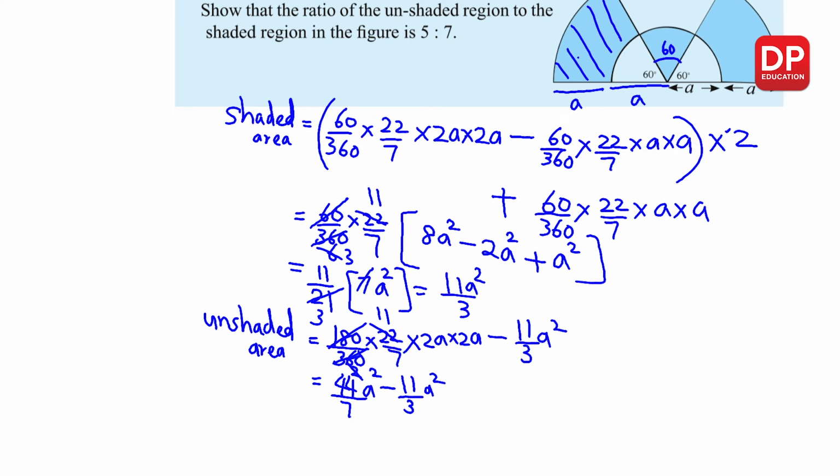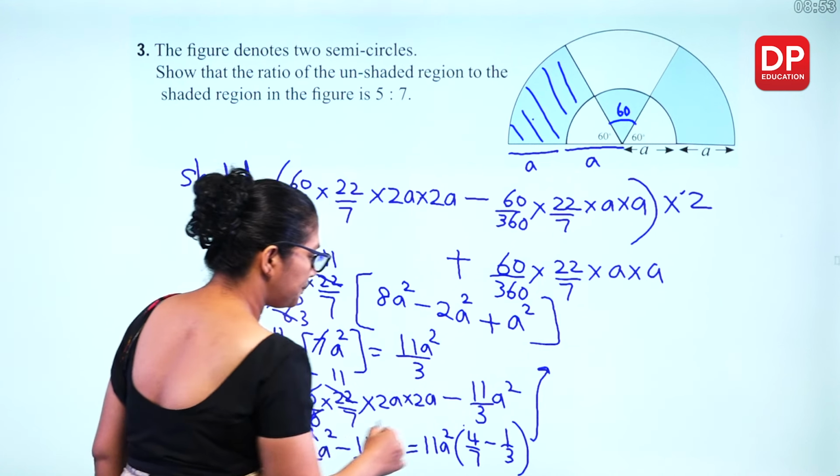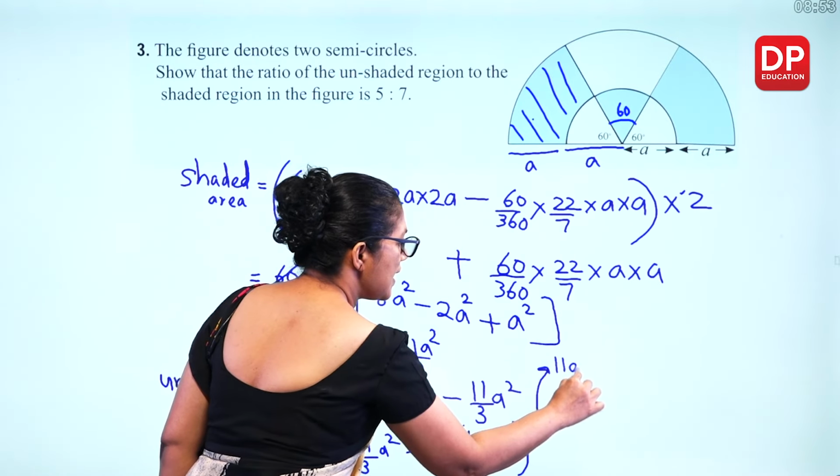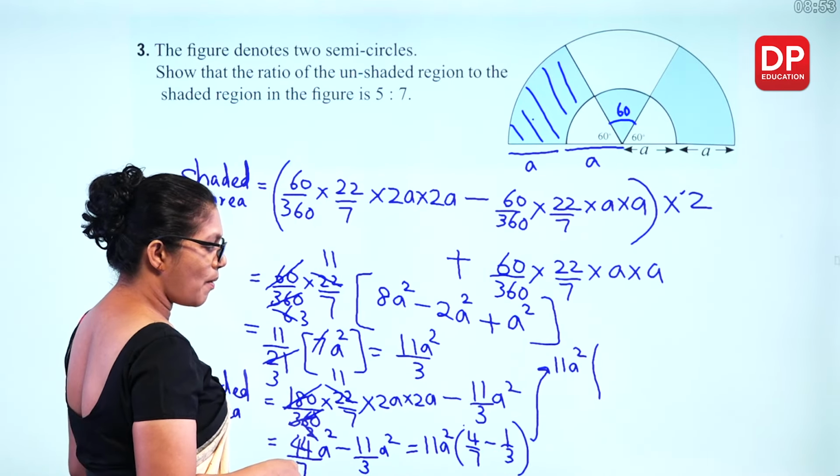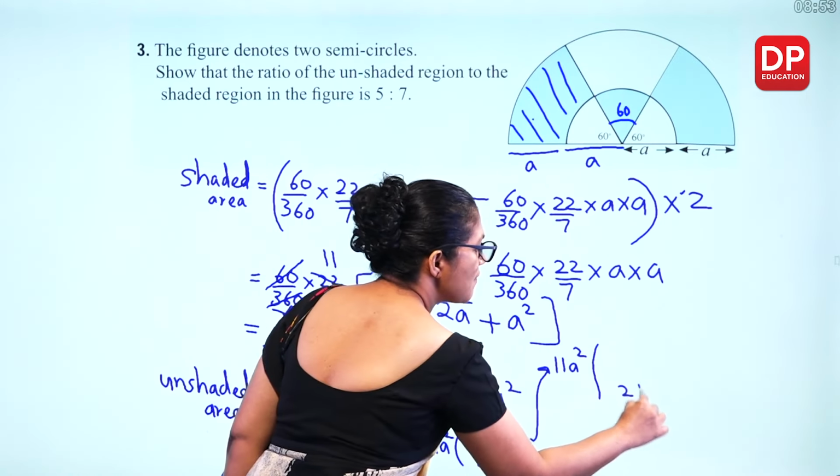When I simplify this, I can see 11A squared is common, so I can take it out. What's remaining? 4 over 7 minus 1/3. Now I can convert to the same denominator and simplify. What's the common denominator, the lowest common multiple? That's 21.